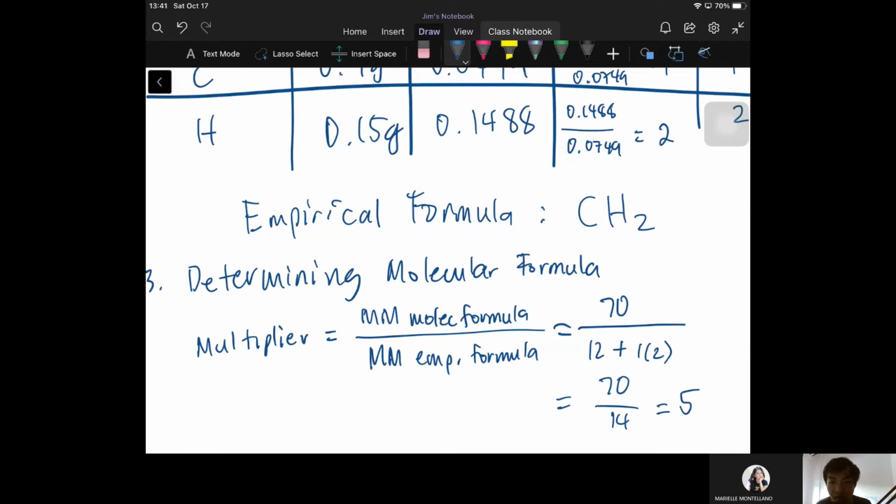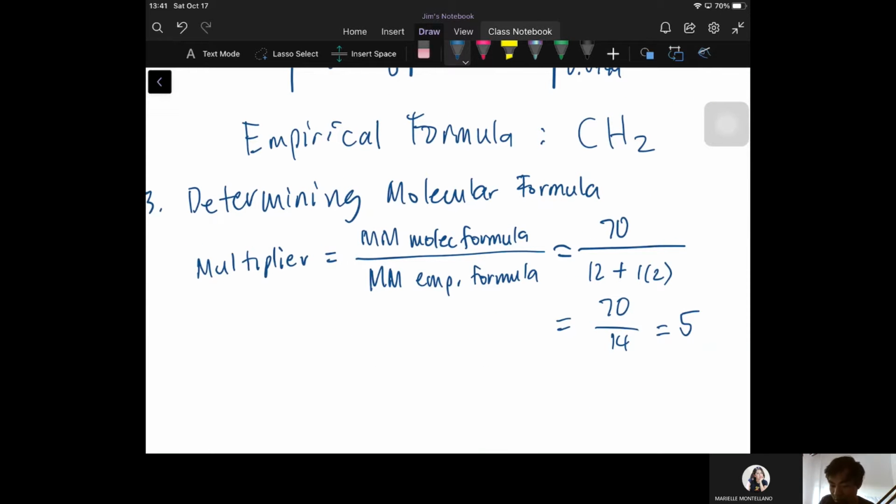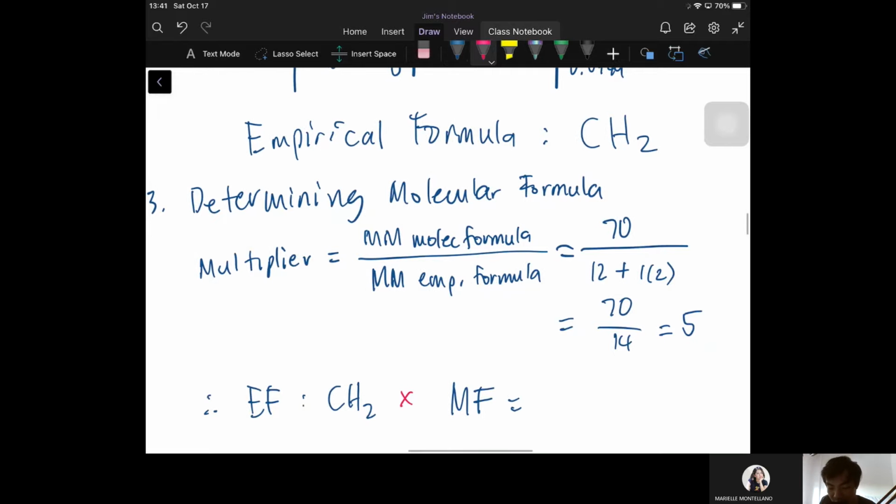So we will get the molecular formula. So ganun lang no. So that means in summary, empirical formula is CH2. Molecular formula is times 5 ng EF. So, ito times 5 mo lang yung subscripts niya.